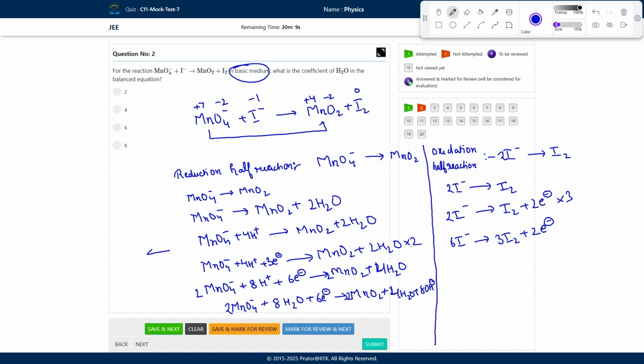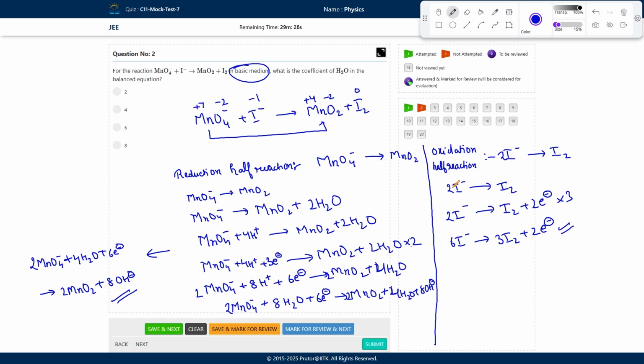This gives your final reduction half reaction: 2 MnO4 minus plus 4 H2O plus 6 electrons gives 2 MnO2 plus 8 OH minus. Now this is your final equation for the reduction half reaction, and this is your final equation for the oxidation half reaction.